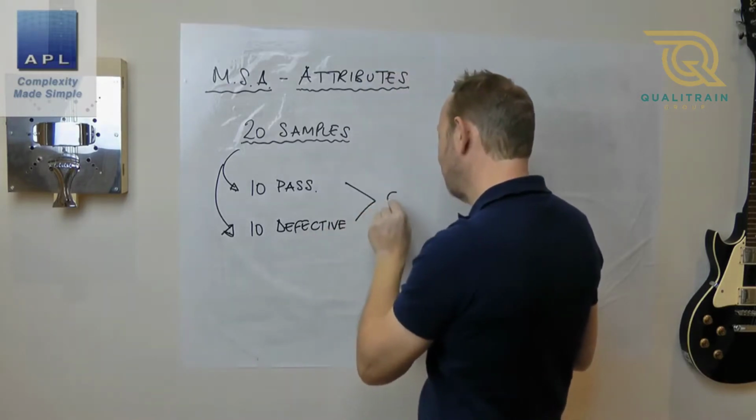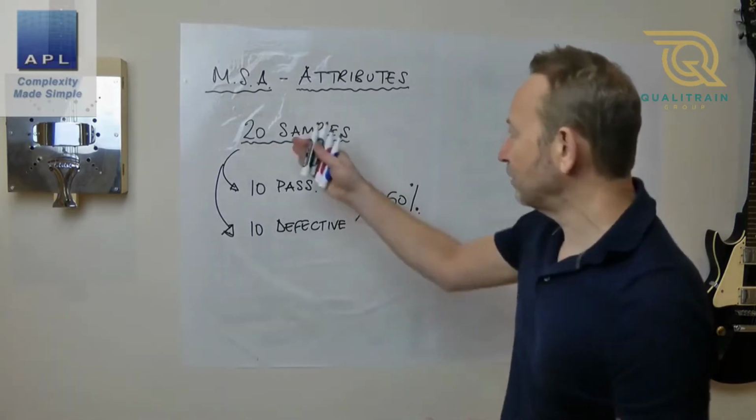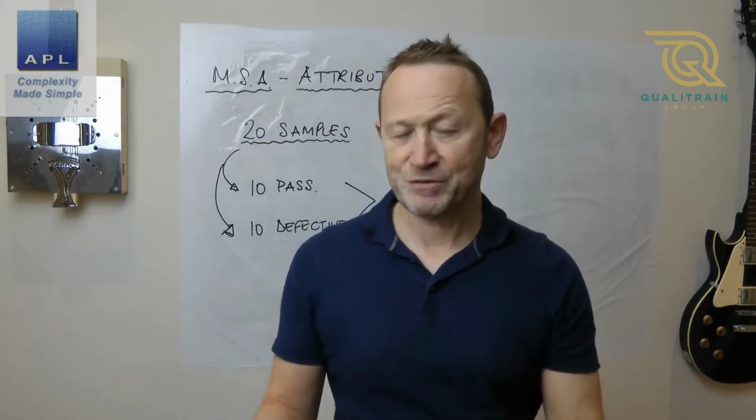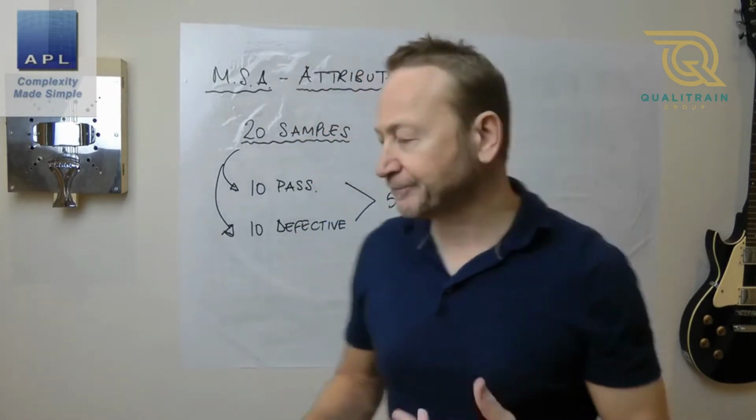And it must be however many samples you offer up to the measurement systems, and I usually like to offer up 20. However many you like to offer up to the measurement systems, it must be a 50-50 split.